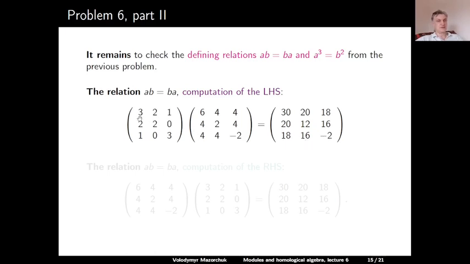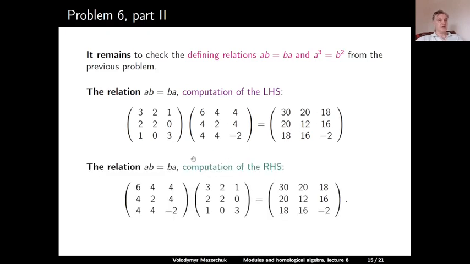So let's check, for example, (3, 1, 2) times (6, 4, 4): 18 plus 8 plus 4. This is exactly 30. Or (2, 0, 1)... times (4, 4...): 8 plus 4 plus 0. This is exactly 12, and so on. Similarly, if you multiply these matrices in the opposite order, we will get the same matrix.